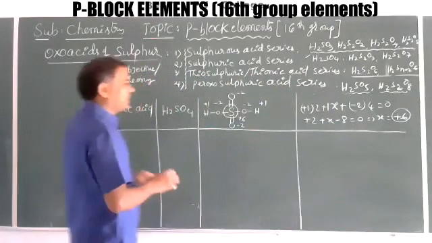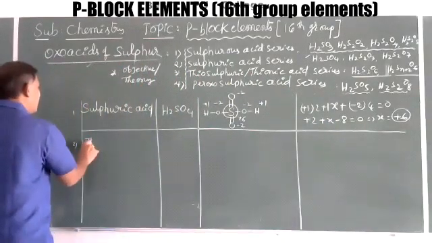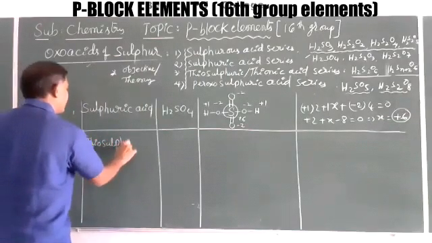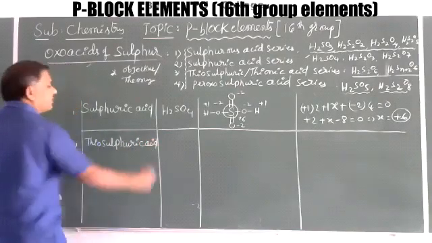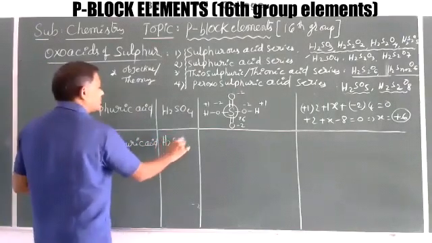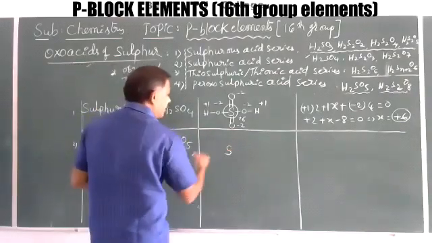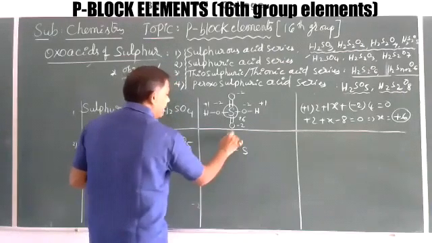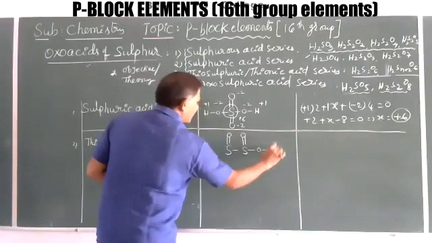Clear? The second one is thiosulfuric acid. Its formula is H2S2O3. Now we can take it like this: S S, the thio group is present here, with OH.